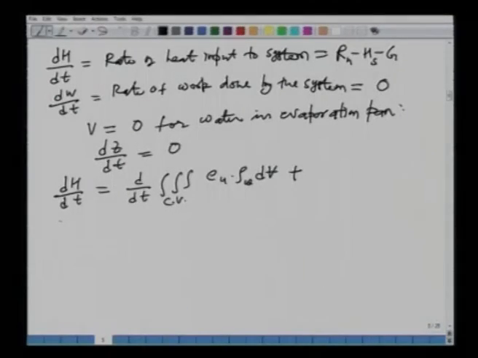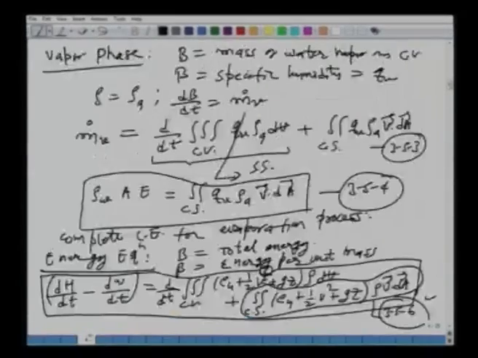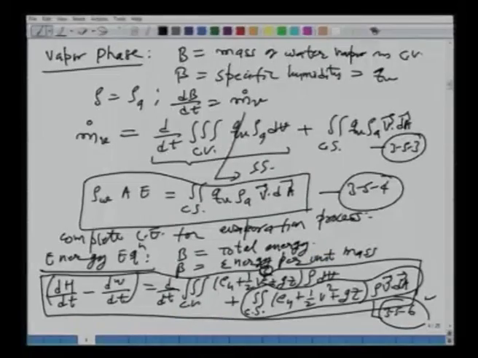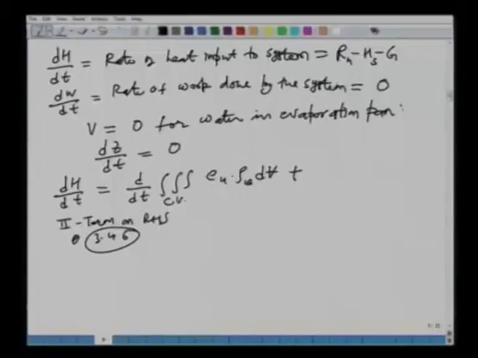The second term on the RHS of, let me see the equation number, which is 3.5.6. Let me go back. It will be 3.4.6, no I am sorry, it is 3.5.6, is it? Yes. So, it is 3.5.6.